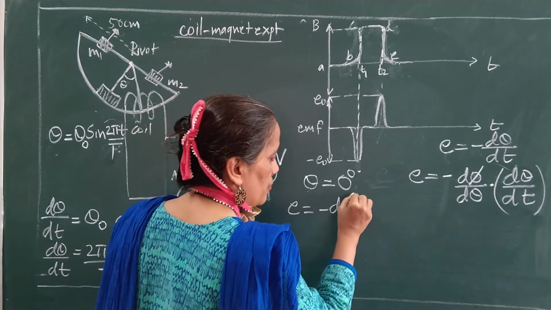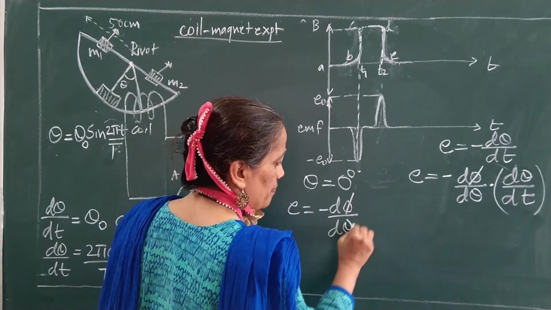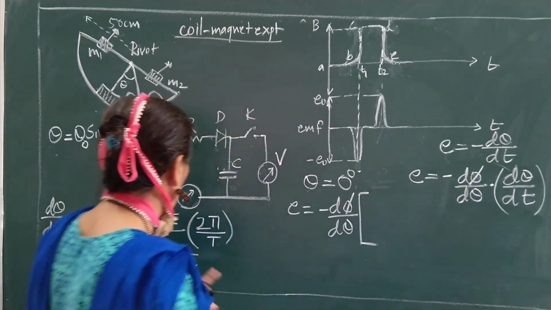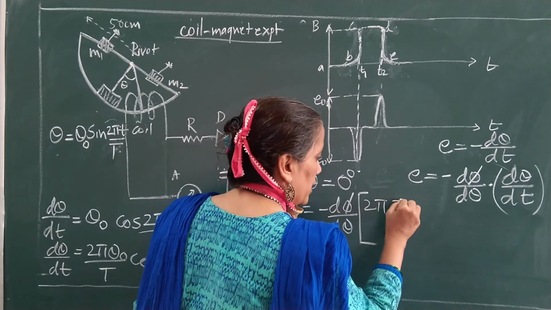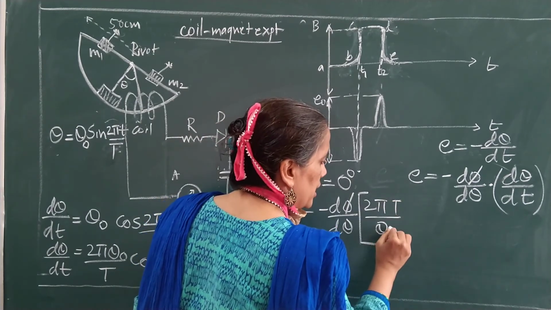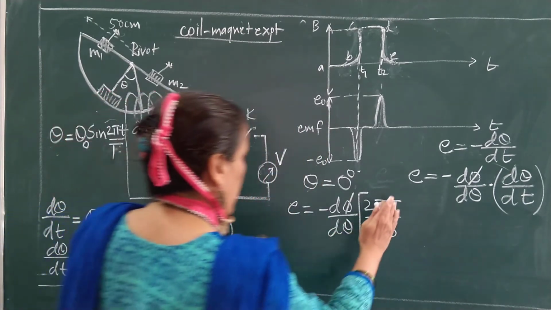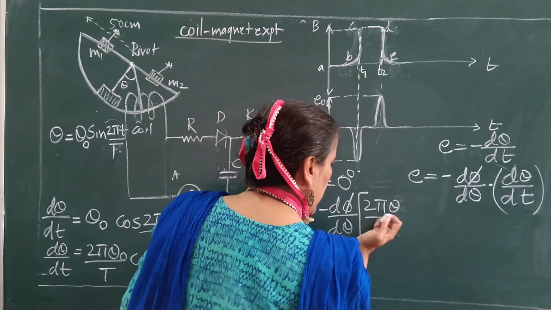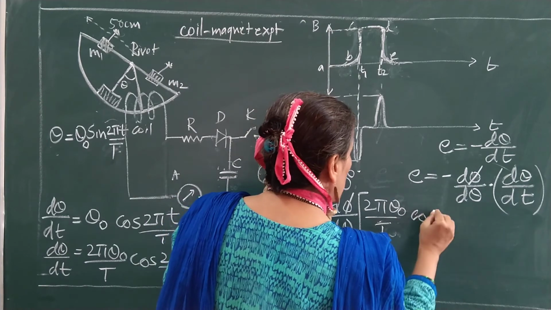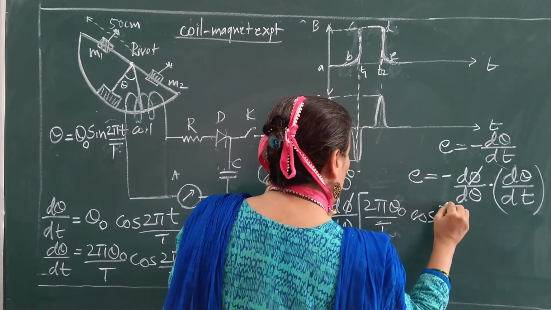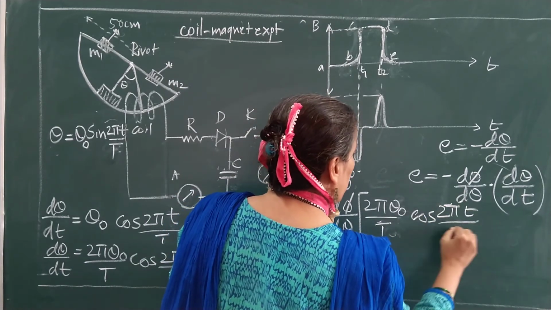Minus d phi by d theta into 2 pi theta 0 upon T into cos of 2 pi t upon T.